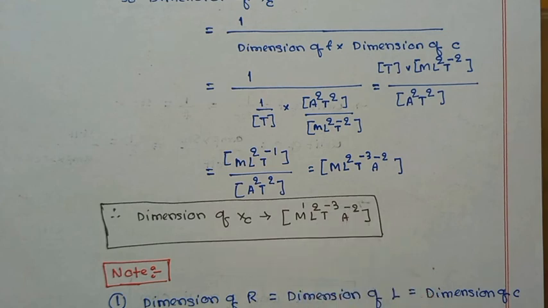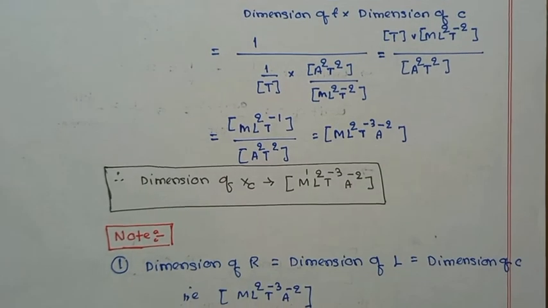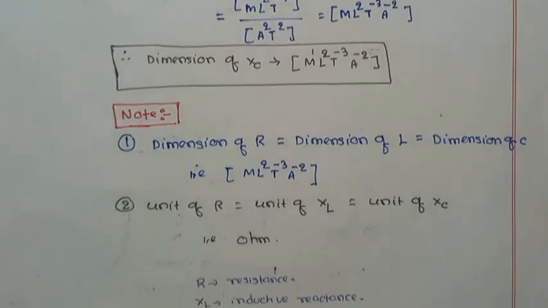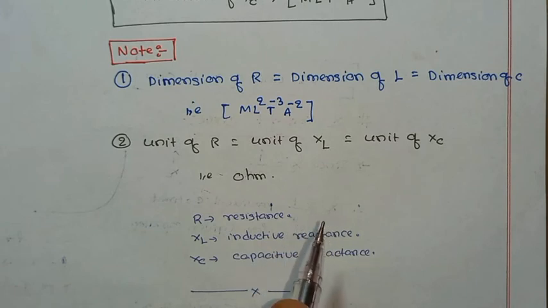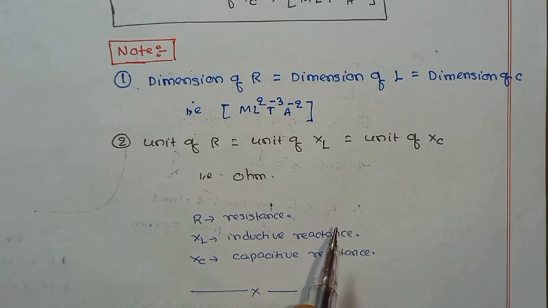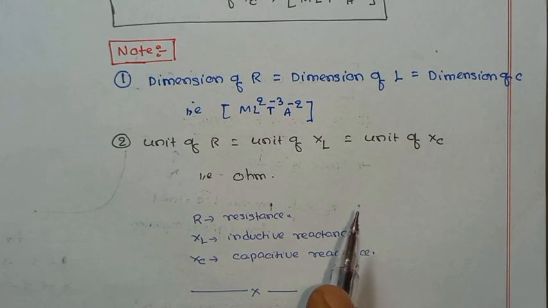There is a note. Note 1: the dimension of R is equal to dimension of XL is equal to dimension of XC, that is ML to the power 2 T to the power minus 3 A to the power minus 2.